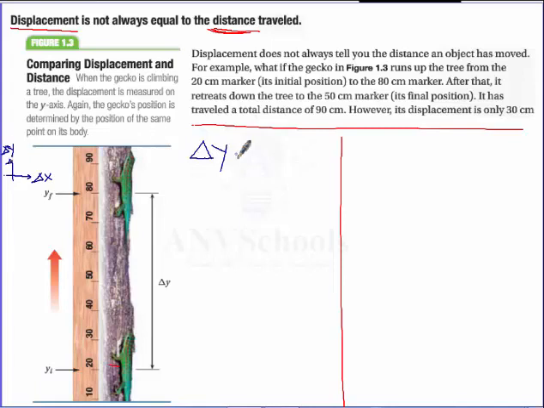So the displacement of this Joko is the final position, that's y final, minus the initial position. The final position of this Joko is 80 centimeters, and the initial position was 20 centimeters. So in this case we will get 60 centimeters along the positive y-axis.